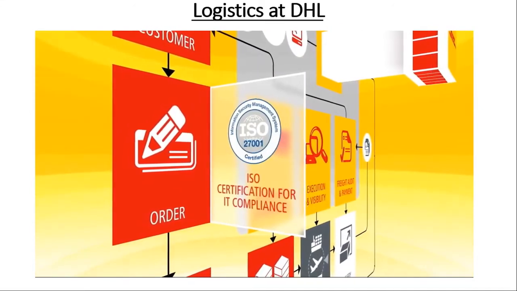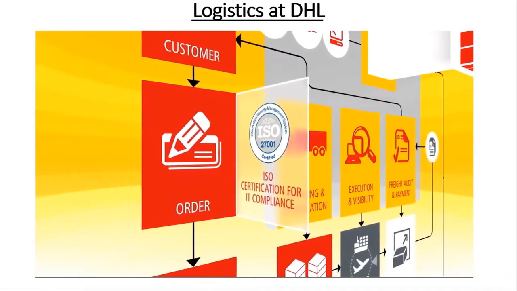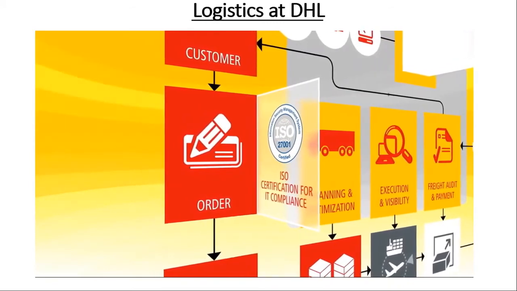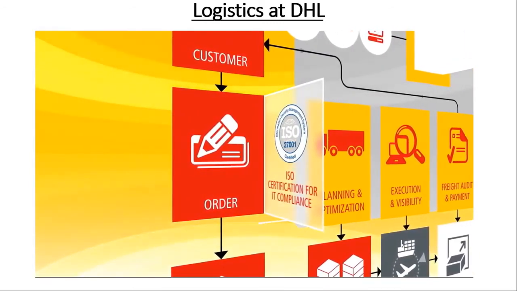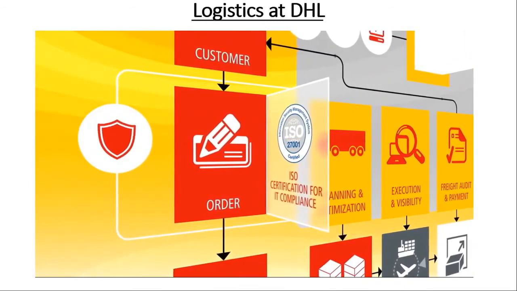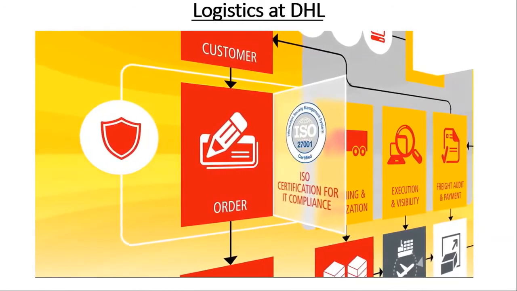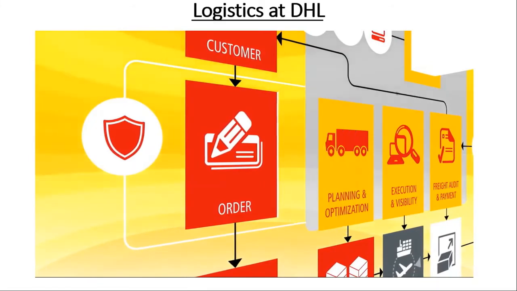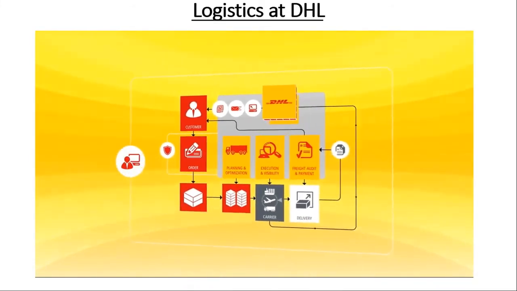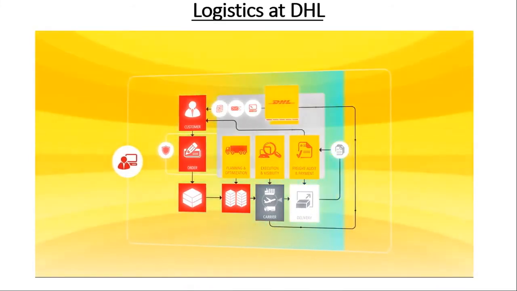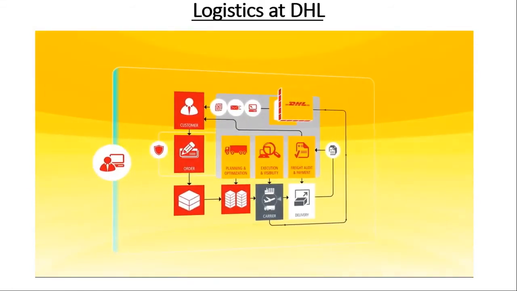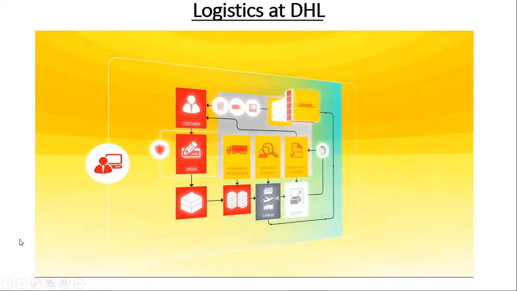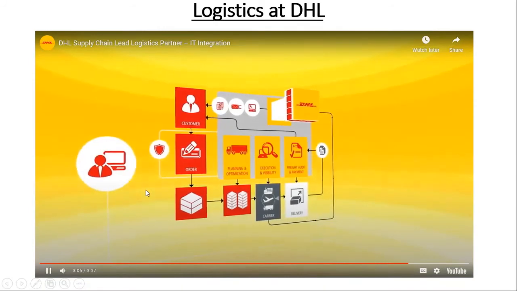DHL IT data centers are ISO 27001 accredited, which is the international standard for information security management, meaning your data is safe and secure. Our solutions are also disaster resilient, ensuring the system is always available. Plus, our team of specialist IT experts are constantly enhancing and updating the system to ensure it meets today's and tomorrow's needs.